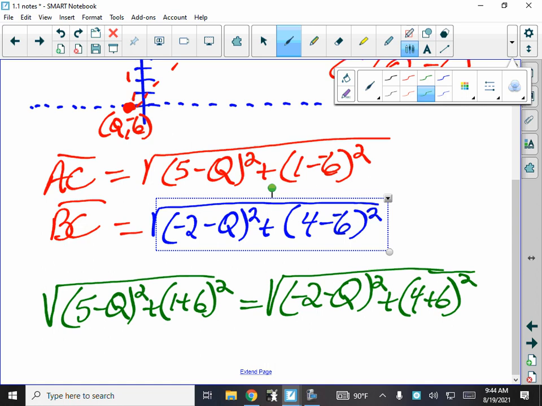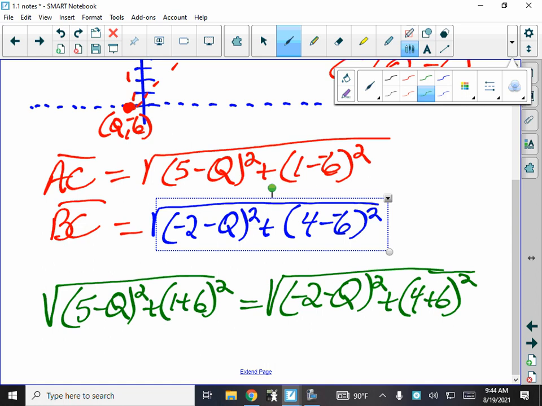Okay. How do I get rid of the square root symbols on that green equation? It's an equation. How would I get rid of the square root symbol? Not square root it, square it.